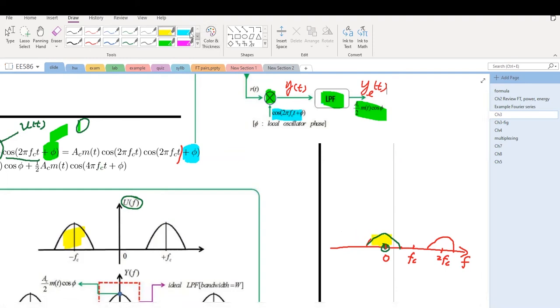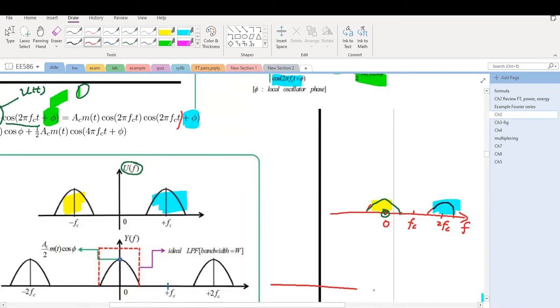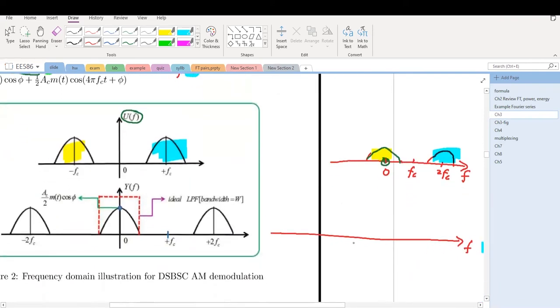According to the modulation property, this spectrum moves to fc, and the other spectrum moves to minus fc. I'm going to plot it here. So this portion will move to minus 2fc, and this portion will move to 0.